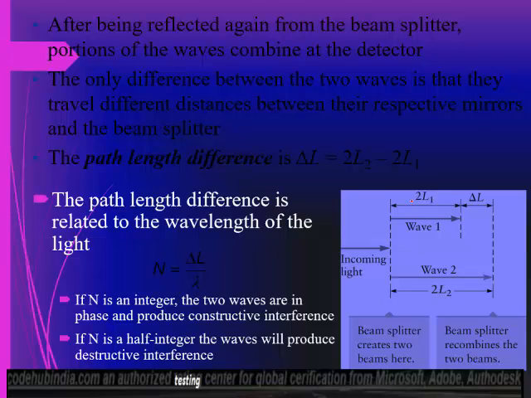If N is an integer, then the waves are in phase and produce constructive interference. If N is a half integer, the waves will produce destructive interference. It's clear. So delta L is a multiple of the wavelength. This assumes keeping the two mirrors at 90 degrees; practically it is not there.